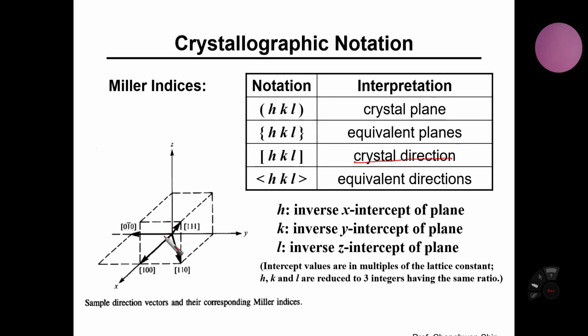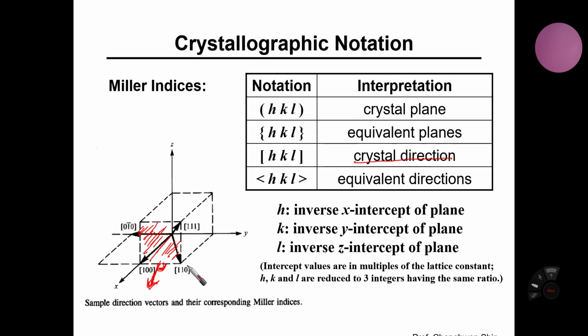We have learned to indicate the plane, such as the 100 plane, but in some cases we would like to specify the direction of this plane. The direction means the vector normal or perpendicular to the plane.